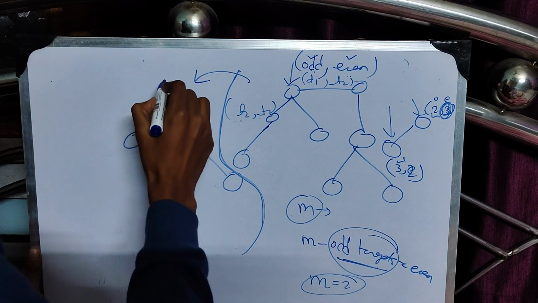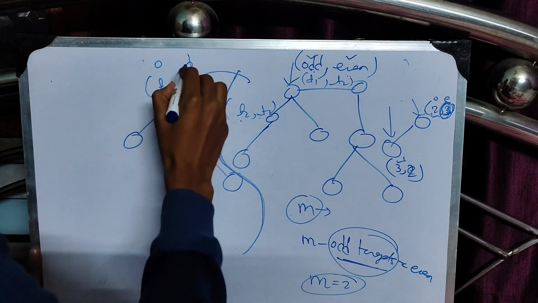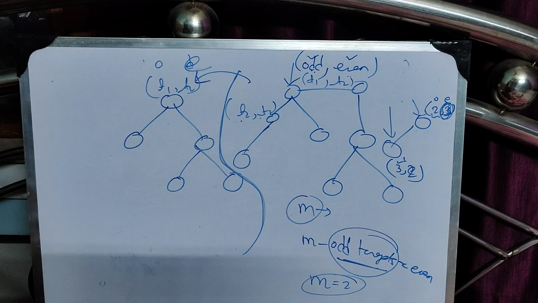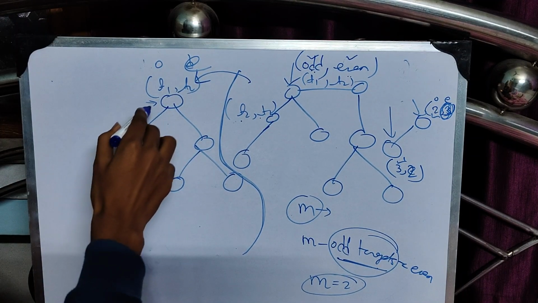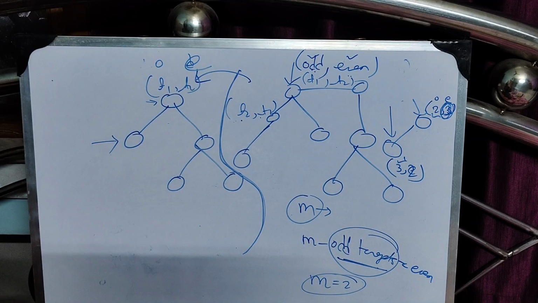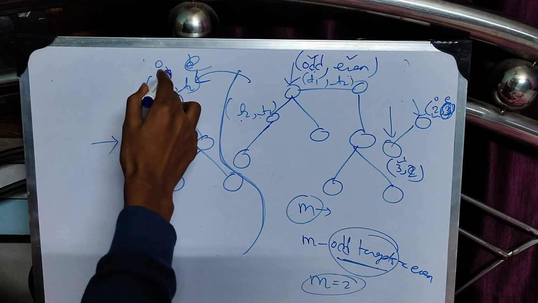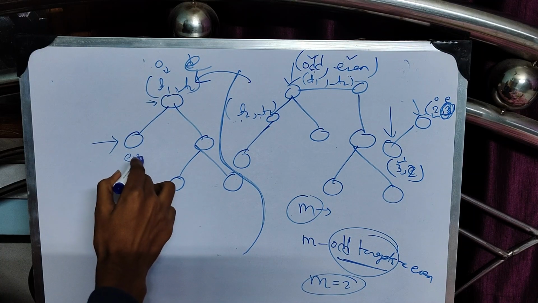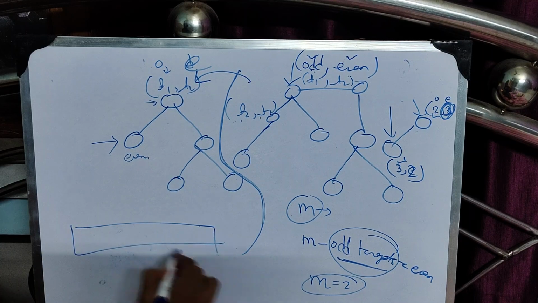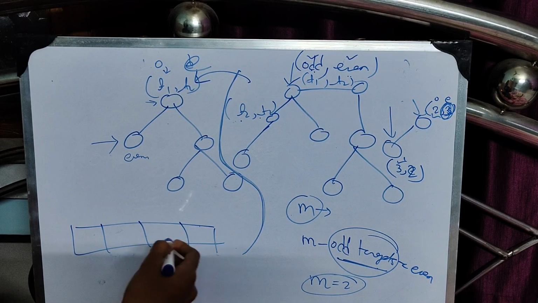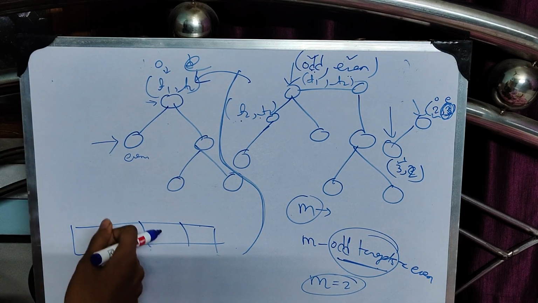And for this one, just find t1 comma t2, odd and even. So once you have found it for this node, when you are traversing and you come to the neighbor of this, just take the odd count as its even count, and add it in the array list, and add it in the array.